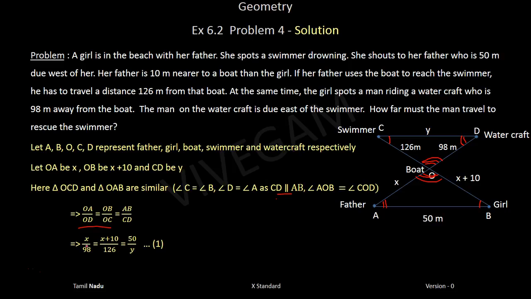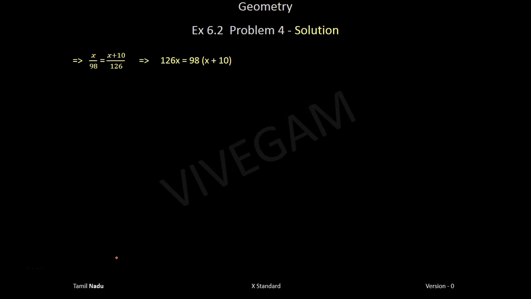So OA is x by 98, OD is 98, am I right? OD is 98, yeah, correct, divided by OB is x plus 10, divided by OC, that is 126, and that is equal to 50 by y. Now let's take only this part of it. So x by 98 will be equal to x plus 10 by 126.